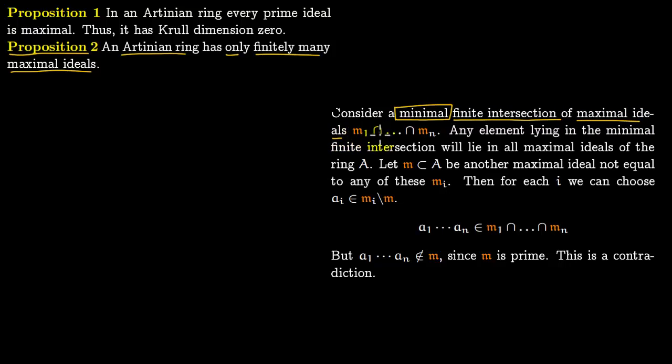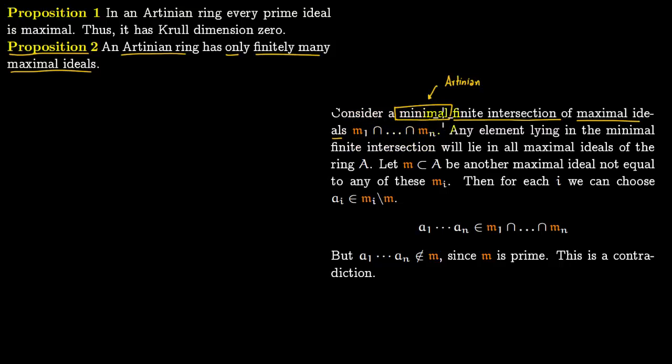So you take finite intersections of maximal ideals and you consider the minimal of all of them, and you can find this minimal precisely because we are working in an Artinian ring, and in an Artinian ring you can find a minimal element. So this minimal element is m1 intersection m2 all the way to mn, and in fact these are precisely the maximal ideals in the Artinian ring.